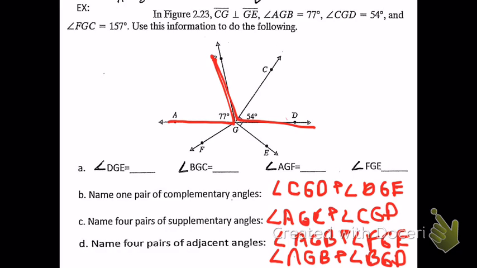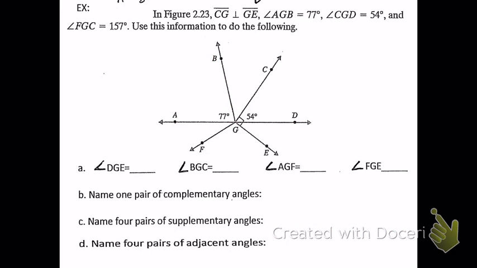Let's do pairs of adjacent angles. All the angles we just named would be adjacent. They share a common ray. Let's name a couple more that aren't necessarily complementary or supplementary, just two adjacent angles. Give me an example of an adjacent angle.